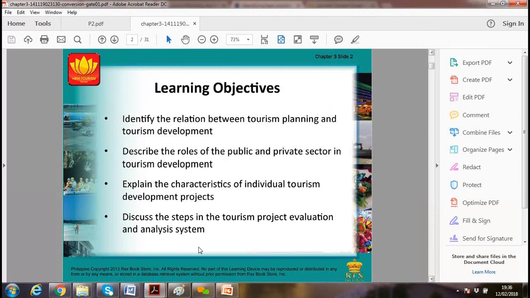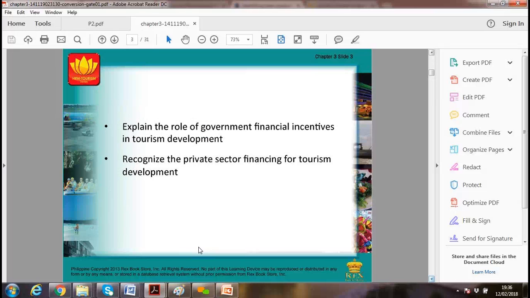So we'll go through the relationship between tourism planning and development, the role of public and private sector in the travel and tourism industries, and project steps, the different steps we can take to make our project work, and the role of government and other public sector organizations that can play a significant part, and private sector financing.